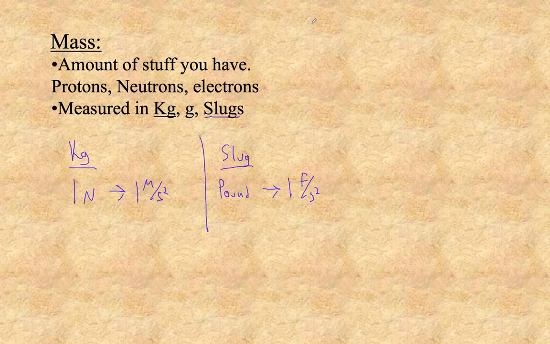Now, I'll give you these conversion factors. 1 meter per second squared is equal to 3.281 feet per second squared, and 1 pound is equal to 4.45 newtons.